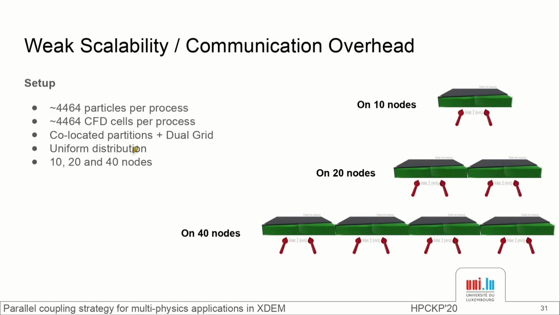Now we're going to try a weak scalability experiment with the goal to measure the communication overhead. We're going to take a box which is very similar to the one we have used previously, and we're going to run it on 10 nodes, and then on 20 nodes, and then 40 nodes, and every time we will increase the size of the domain, which means the number of CFD cells and the number of particles.